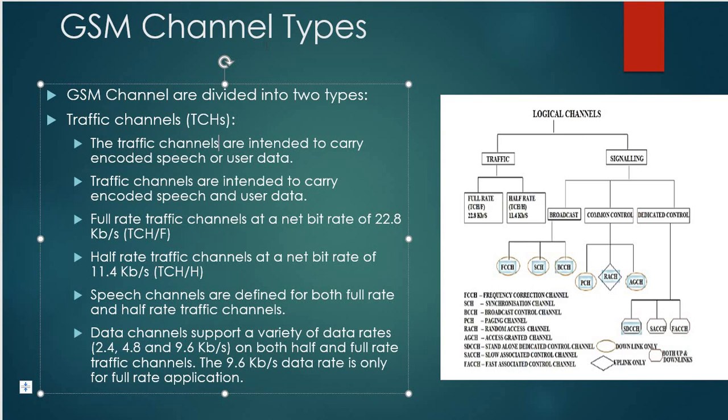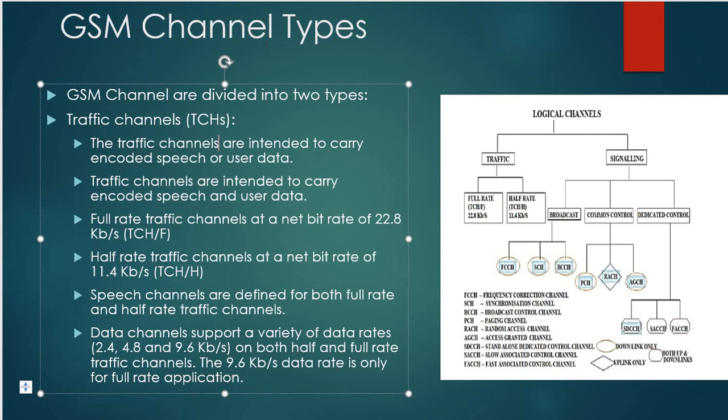For encoded speech and user data, full-rate traffic channels have a net bit rate of 22.8 kbps, which is a very slow connection in GSM. Half-rate traffic channels have a net bit rate of 11.4 kbps.